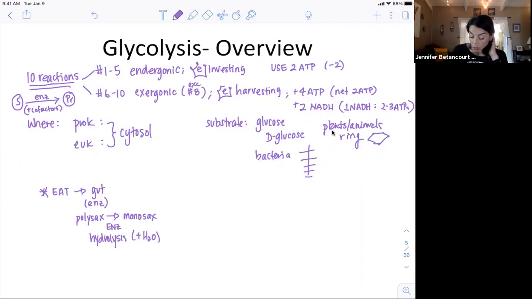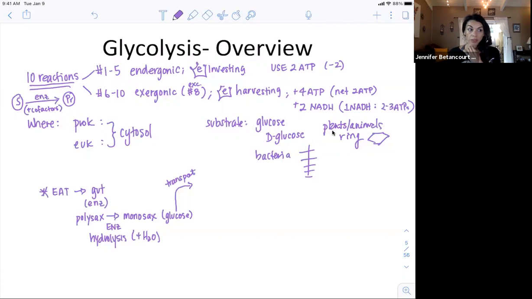Okay, once you have your monosaccharide, one example of a monosaccharide is glucose. This is the glucose that then can start, well, first it has to go through the blood. And so we talked about glucose transport. So it has to get into the cell, right? So glucose has to be transported. Okay.